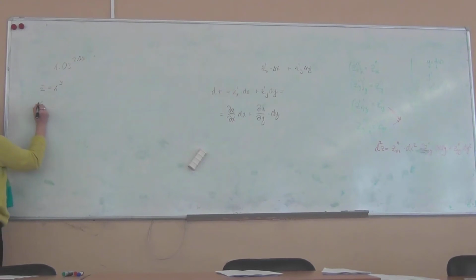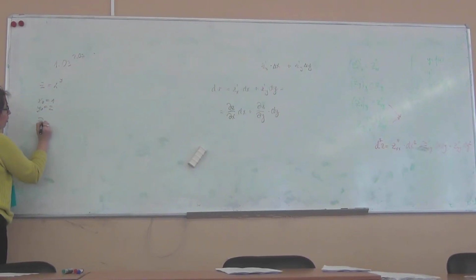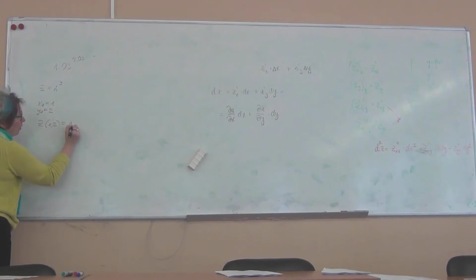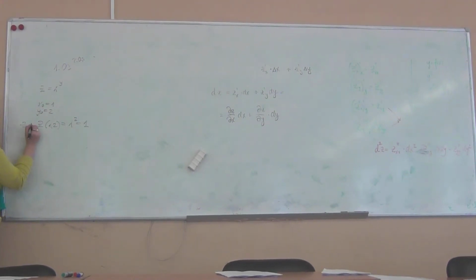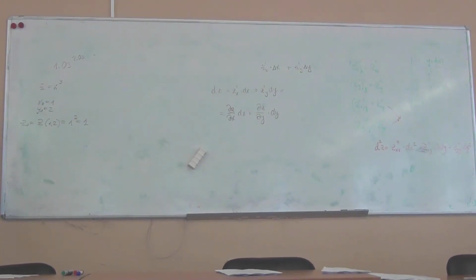Obviously, let's say if x0 is 1 and y0 is 2, then the function value at this point, (1, 2), is 1 to the power 2, which is 1. So that would be the starting point for finding the differential.